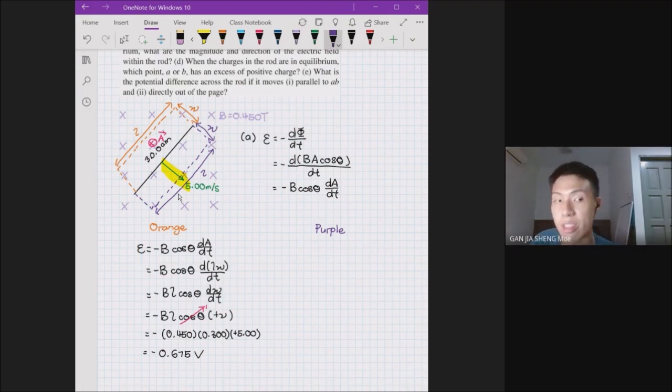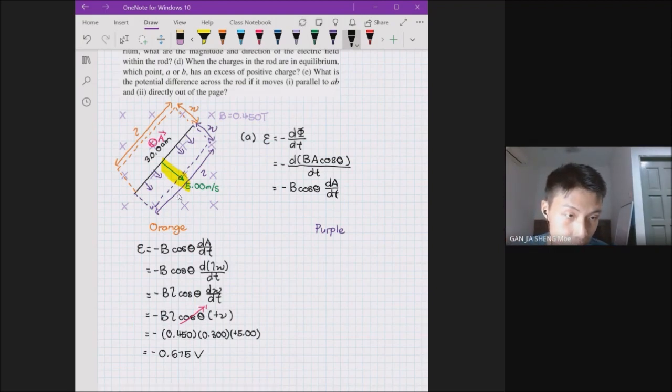Okay, so this is different. If you pick it to be the orange loop, the area of the loop will increase. If you pick it as the purple loop, then as the rod goes like this, it will decrease the area of the purple loop. Okay, so this is the difference in choosing different places for the imaginary loop.